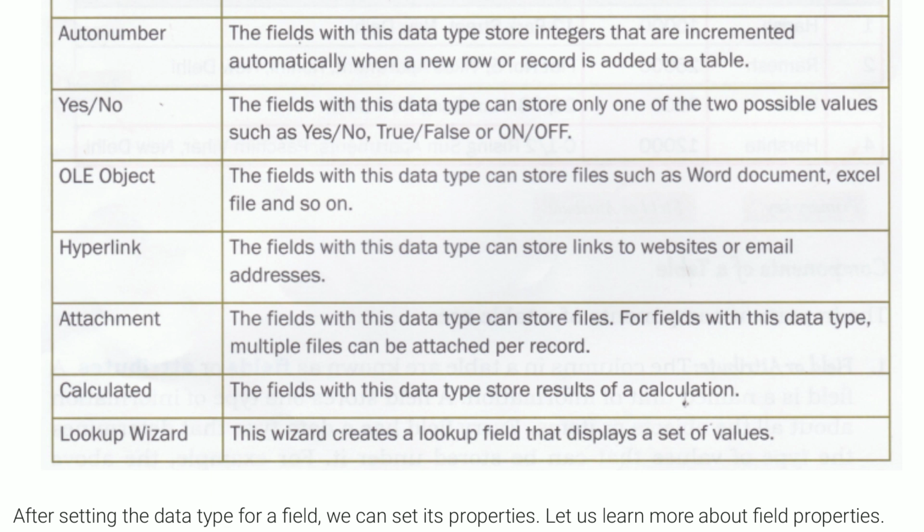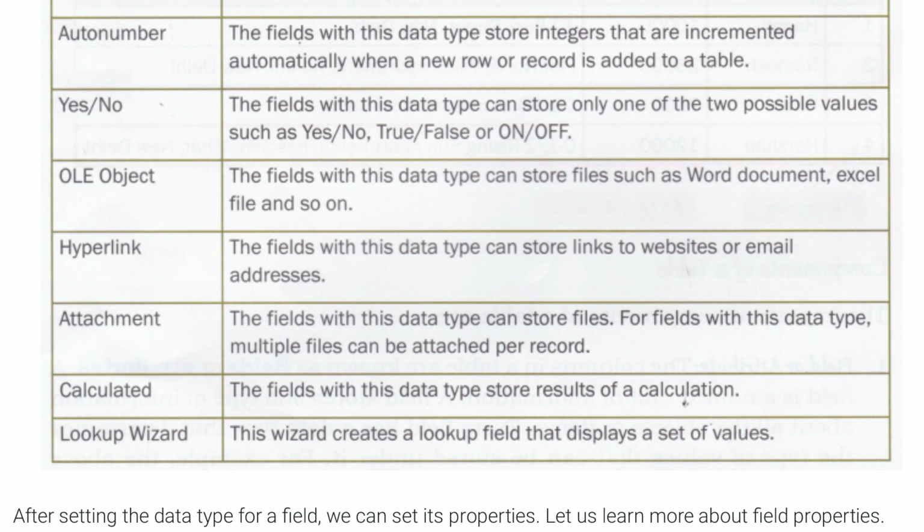The hyperlink field is a combination of text and numbers stored as text and used as a hyperlink address. The field with this data type can store links to a website or email addresses.